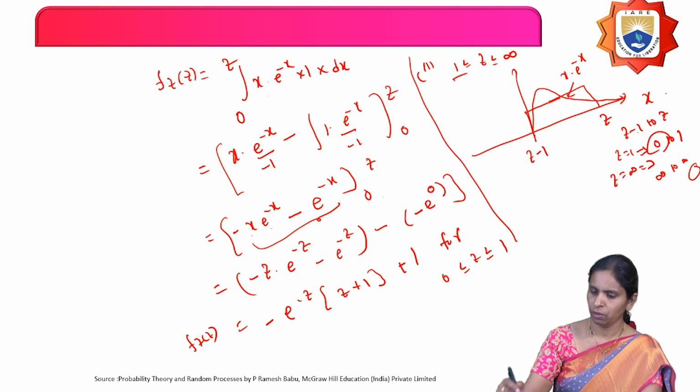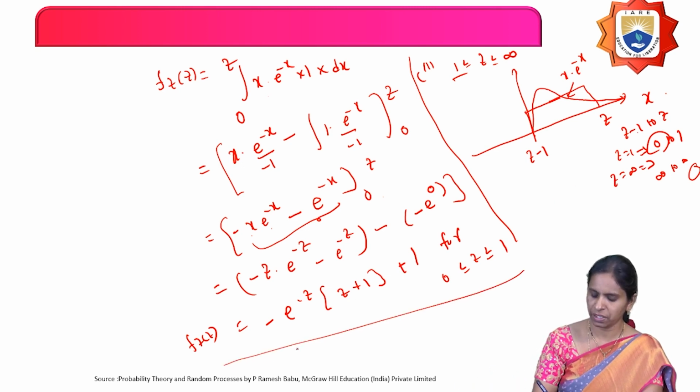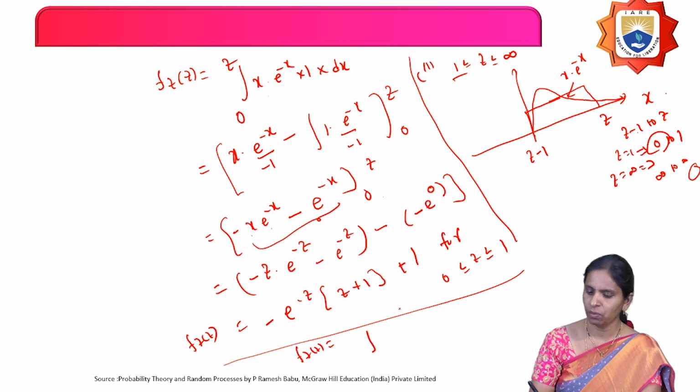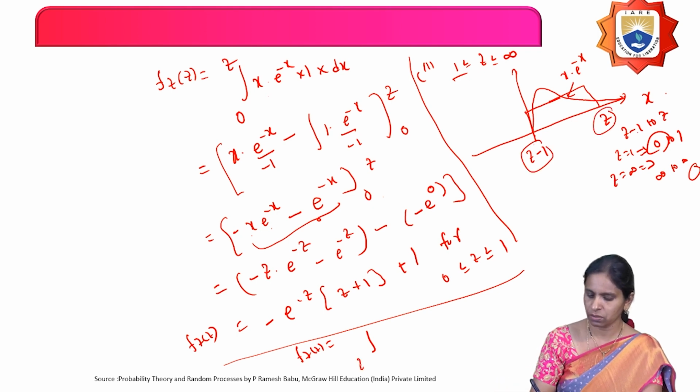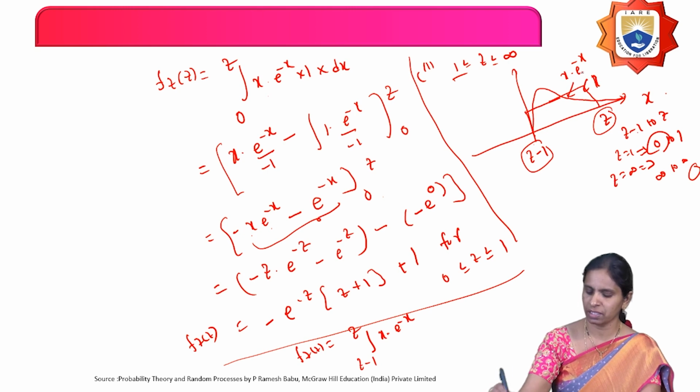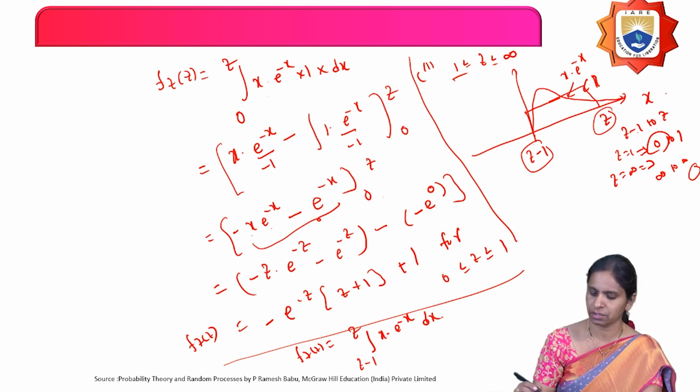Now, what is fz of z here? It is the integration where x goes from z minus 1 to z, and z is from 1 to infinity. In this, the density function is x into e power minus x, and this value equals 1, so 1 into x into e power minus x dx.